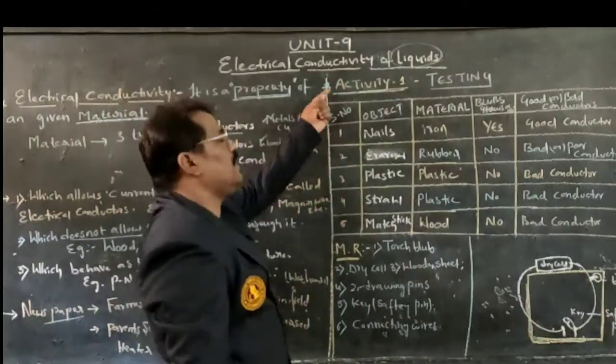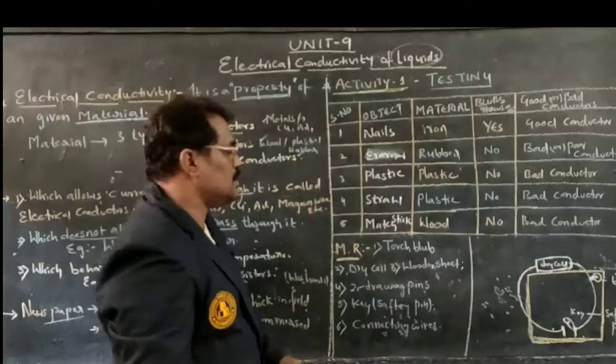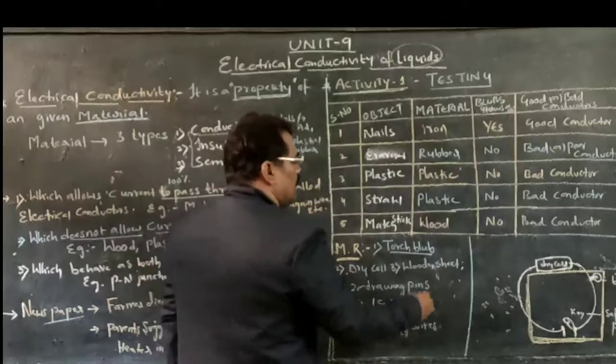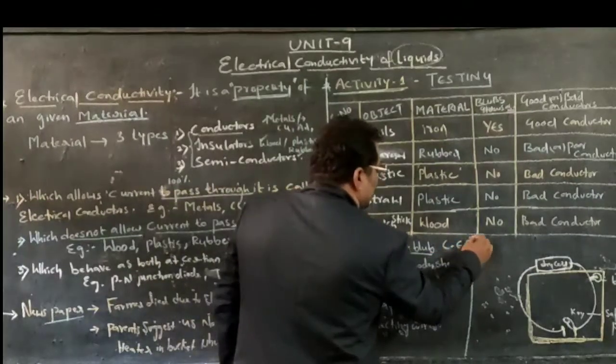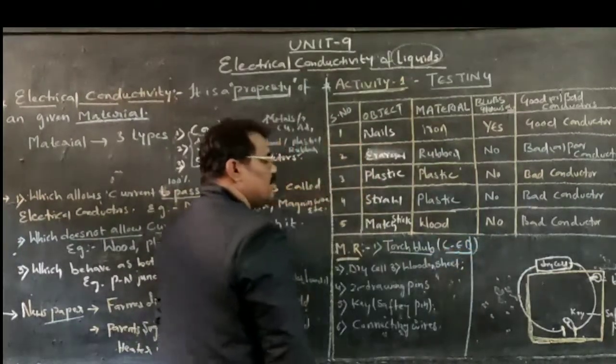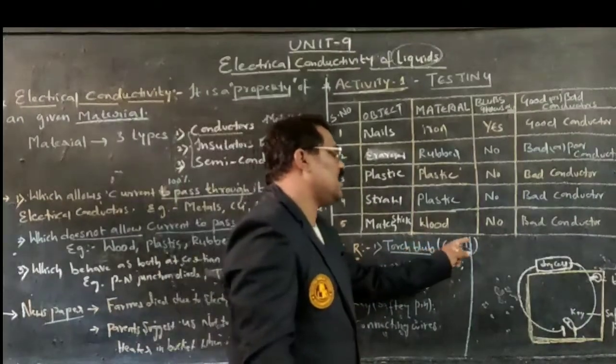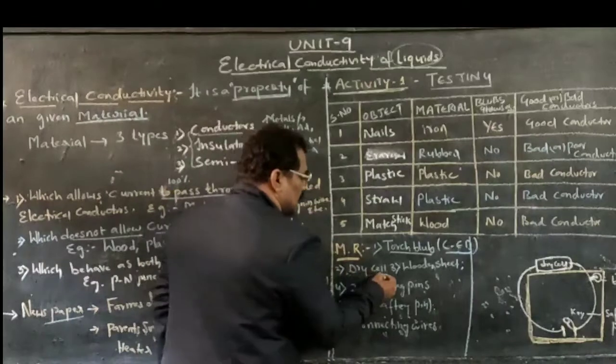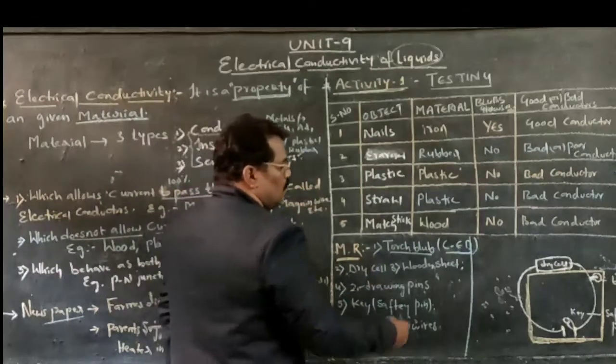To perform Activity 1 we require certain materials. A torchlight bulb is required, or an LED bulb we can also take. What is the abbreviation of LED? Light emitting diode. Next is a dry cell of 3 volt.